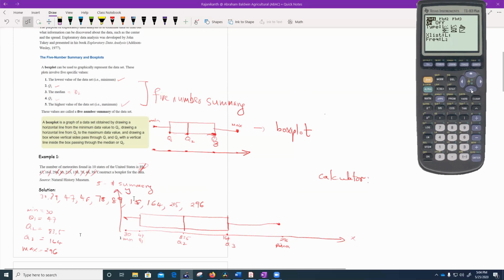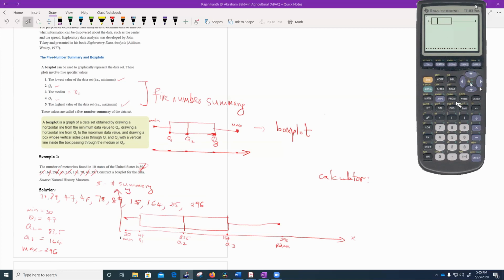And the frequency list, you could keep as 1, so clear that value and make it 1. That's it. Graph it, and you will get the box plot.